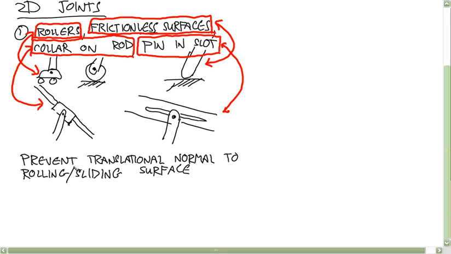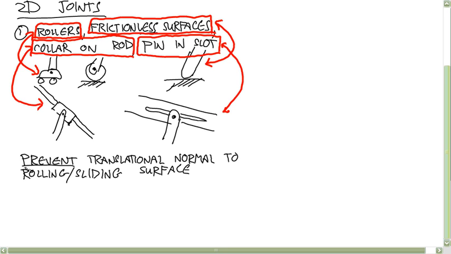So what kind of load would you expect that joint to apply to the body? The only thing it prevents is a known direction of translation. So it's just going to apply a force in that known direction.